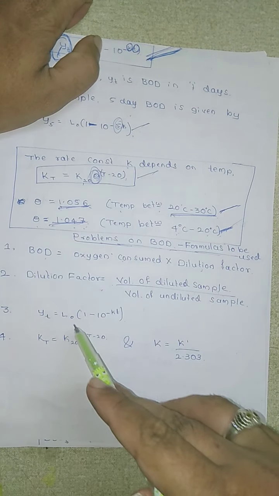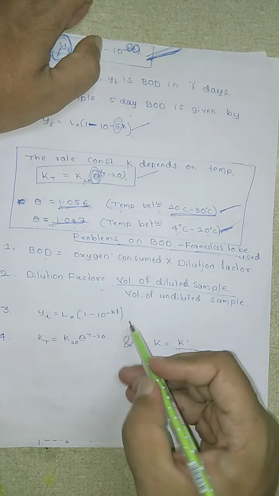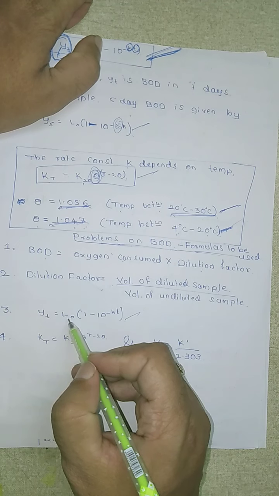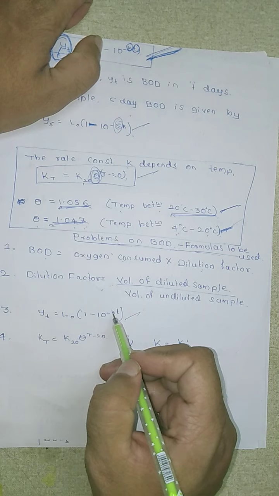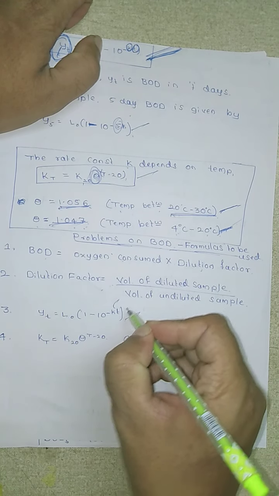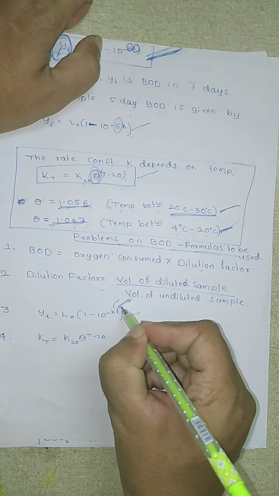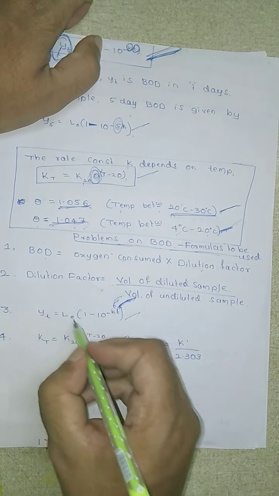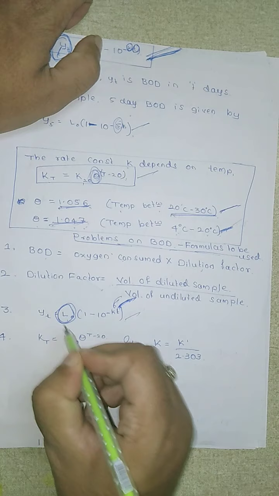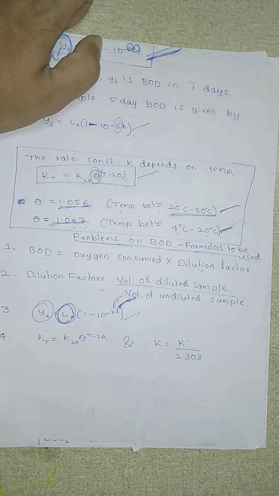If we multiply these two, we get the BOD value. Then the BOD at any time is given by yt is equal to L naught into 1 minus 10 to the power minus kt, where k is the rate constant, t is the time in days, L naught is the ultimate BOD, and yt is the BOD at a given period of time.